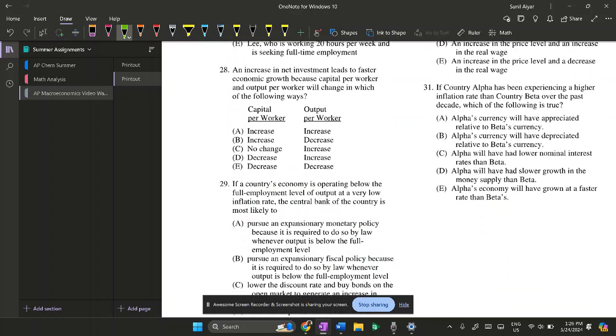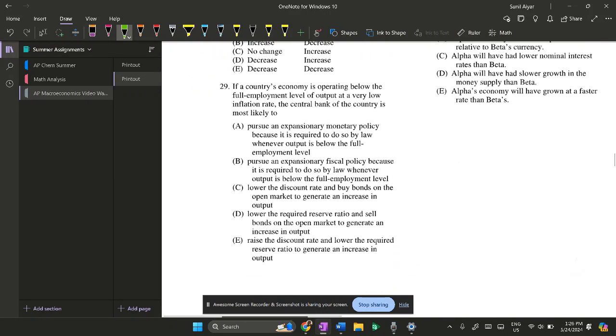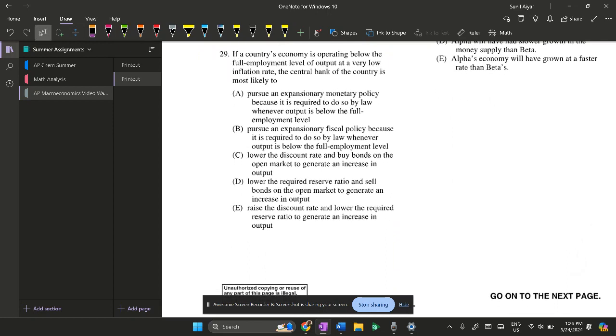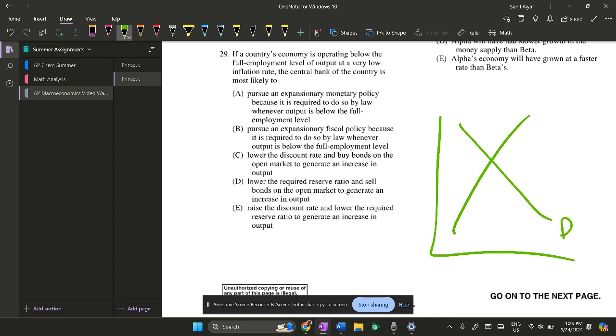28. An increase in net investment leads to faster economic growth because capital per worker will increase because net investment increases, and the output per worker will therefore increase. So 28 is A. If a country's economy is operating below full employment, so we can draw that in. So just chalk the LRAS there, and now you're below full employment.